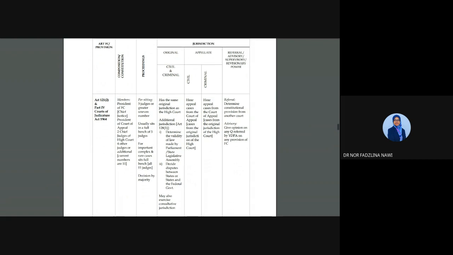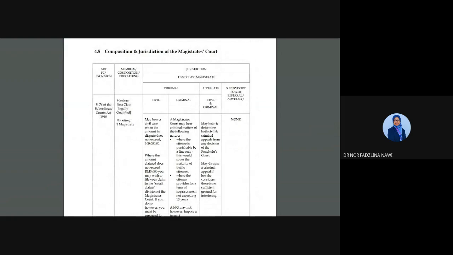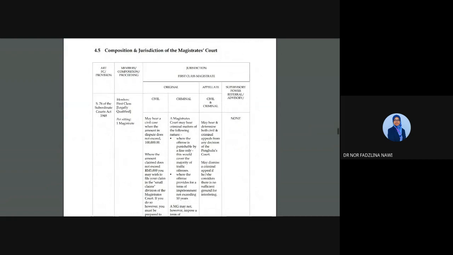So they can give opinion on any question referred by the YDPA or any provision of the Federal Constitution. So that is an overview of the functions and composition of the civil courts in Malaysia, the main ones, the superior courts and the subordinate courts.